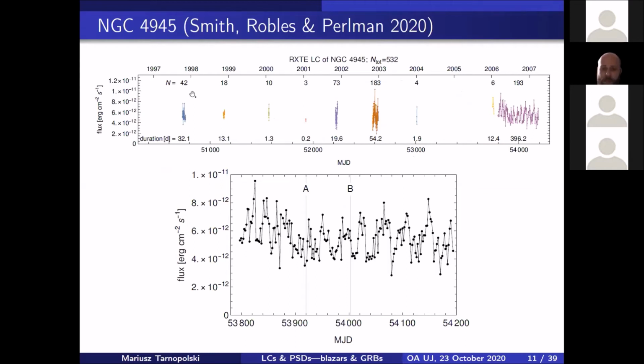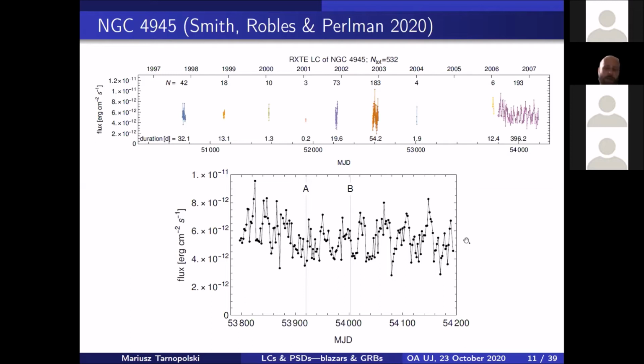And this in the upper plot, this is the whole available light curve, and it has different segments, but let's focus on this last one with the longest span of over a year and almost 200 points. It is irregularly sampled with no big gaps within. And in the lower part, there is the magnification of this part, and one can see there seems to be some recurring variation in it.